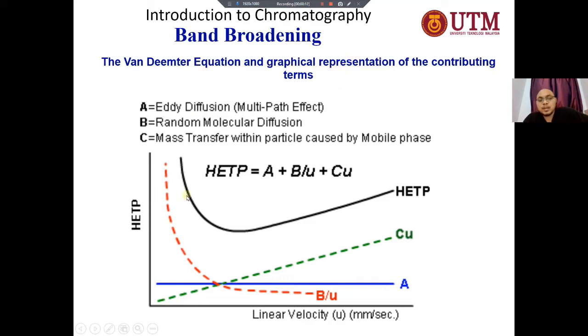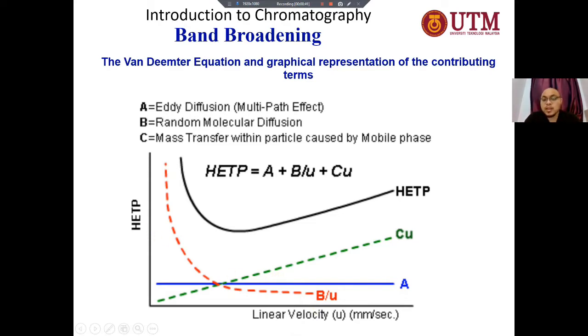If we look at this graph, it is HETP versus linear velocity. HETP is the height equivalent to a theoretical plate of the column. Linear velocity shows the flow rate of the mobile phase. As we know, the lower the HETP, the better it is.